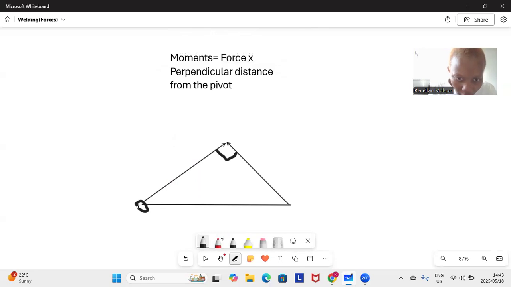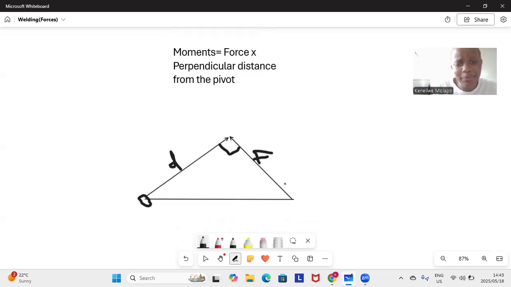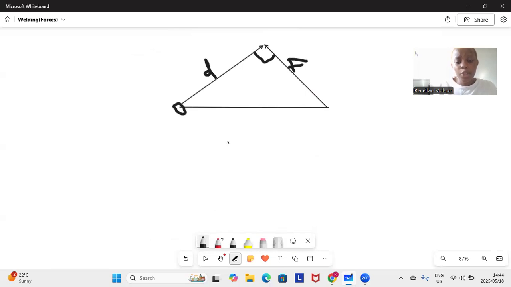So this side is your distance. Never forget that. Then this side is your force. You have to understand this diagram and this formula. Moment equals force times perpendicular distance from the pivot. So I have shown you that this is your pivot. Let me circle it.